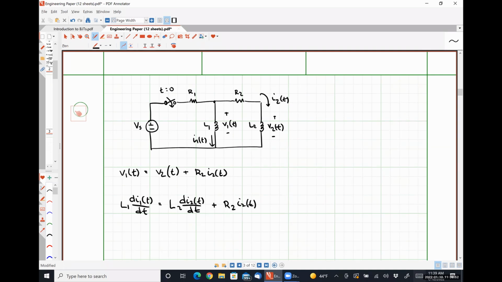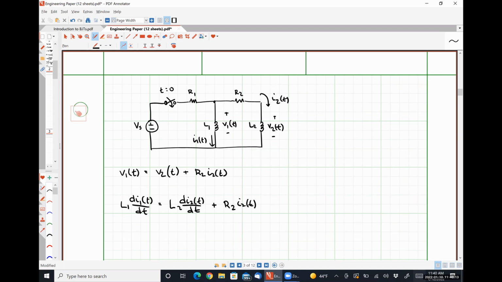So is Vs over R1 equal to I1 plus I2? Not quite, but very close. You're trying to do Kirchhoff's current law at this node, which is exactly what we did with the last problem.